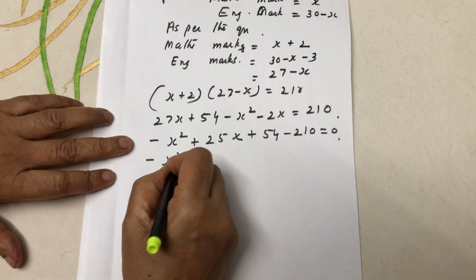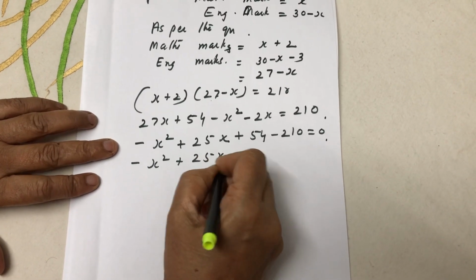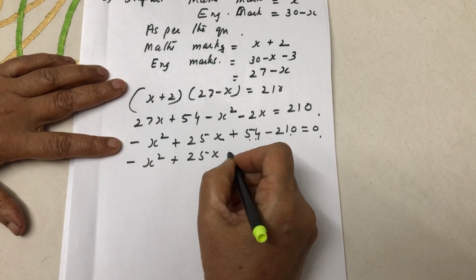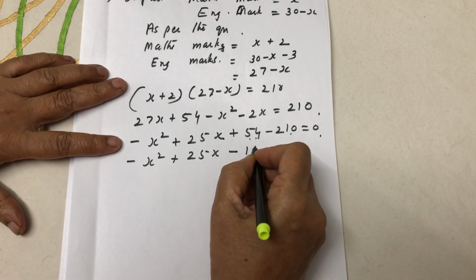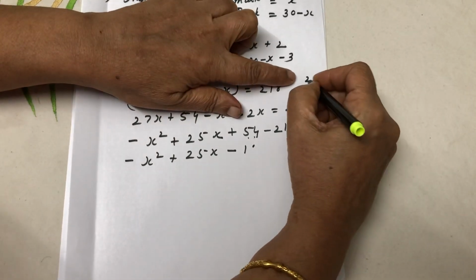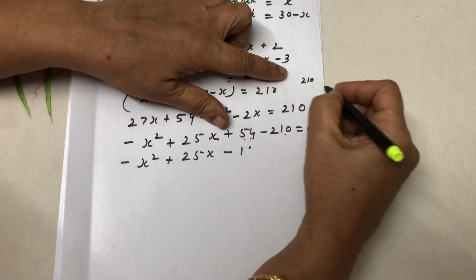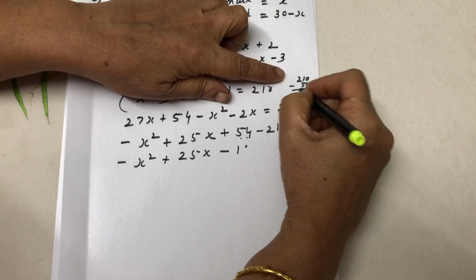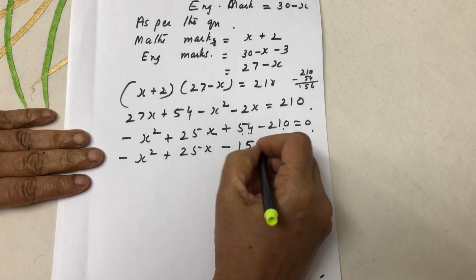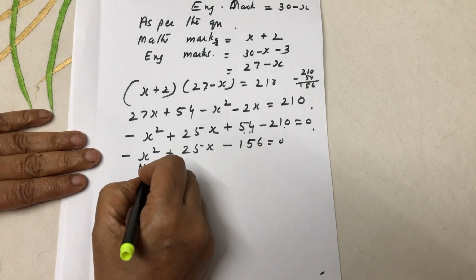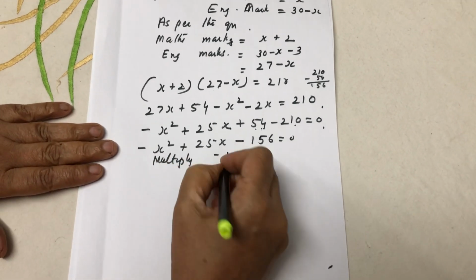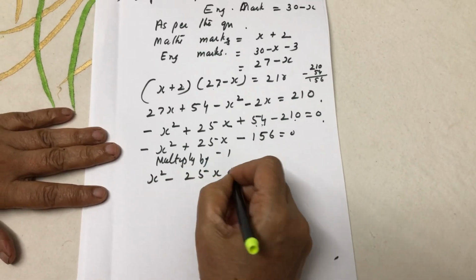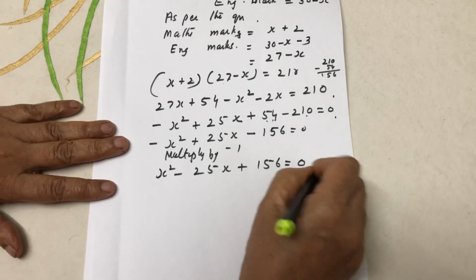That is minus x squared plus 25x, 54 minus 210 is minus 156, equal to 0. Multiply by minus 1, this is x squared minus 25x plus 156 equal to 0.